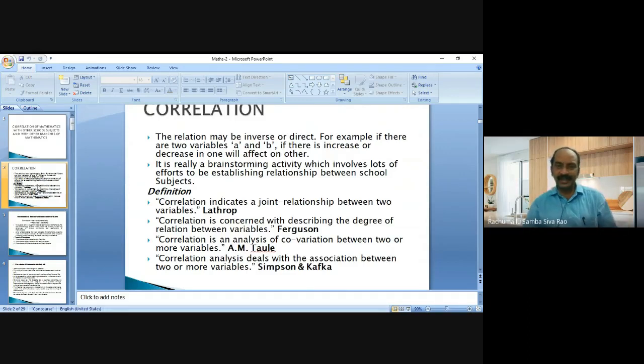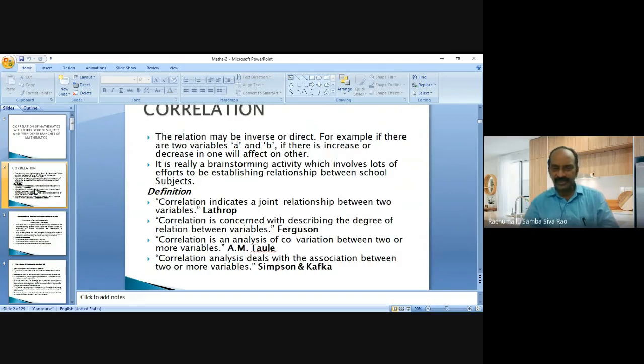If there is a positive relation between those two variables, if A increases, automatically B will increase. If A decreases, automatically B will decrease. Otherwise, if there exists an inverse relation between those two variables, if A increases, B decreases. If A decreases, B increases. So the relation between A and B may be inverse or direct.